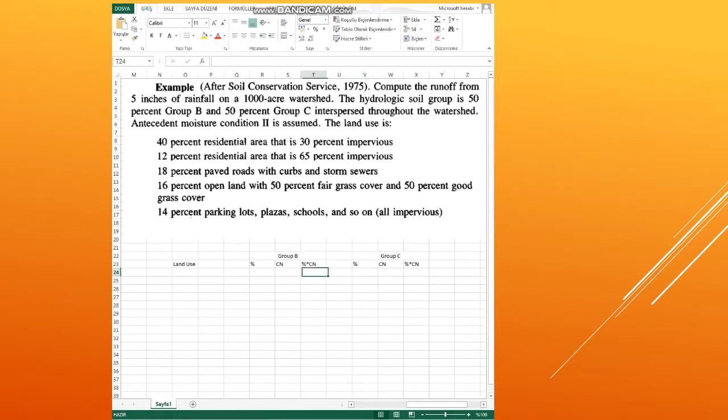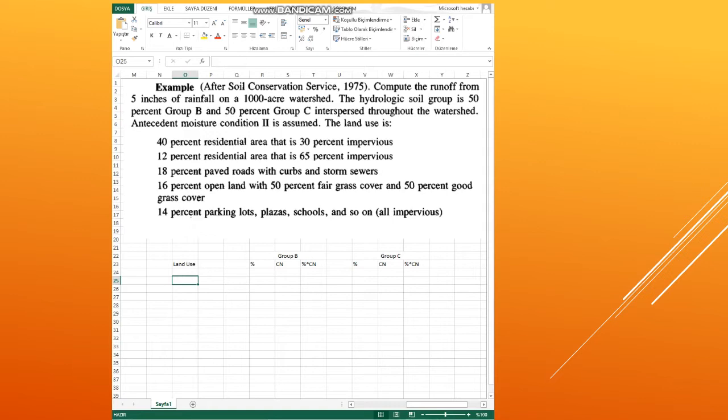So first thing is land use. We have 40% residential area. Also, we need to concentrate here. It is 50% group B, 50% group C, so we need to divide it into two. So 20% residential area is for group B, and 20% is for group C, for residential area that is 30% impervious.